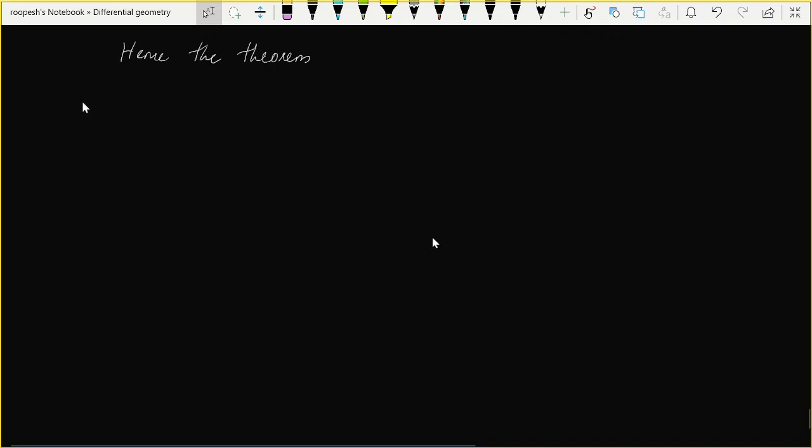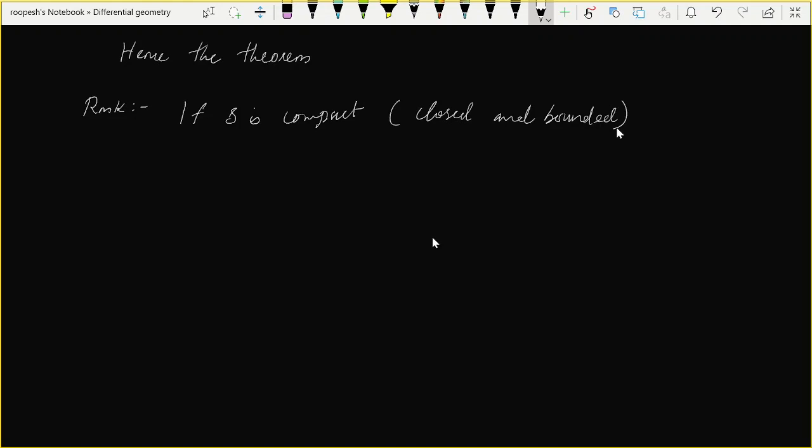Here is the remark. If S is compact, compact means closed and bounded. We are talking about compact surfaces, so it is a closed and bounded surface.